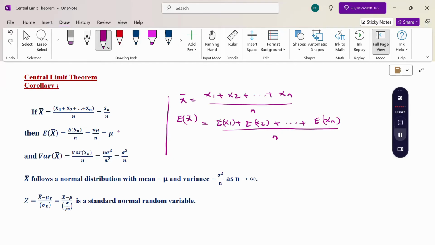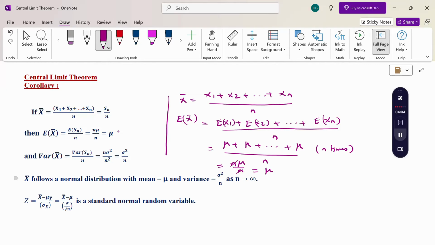If expectation of X1 is mu, expectation of X2 is mu, up to mu, by n. So this is n times mu.